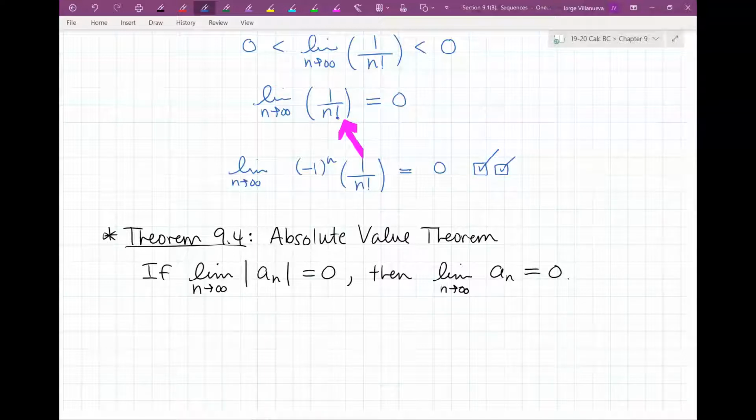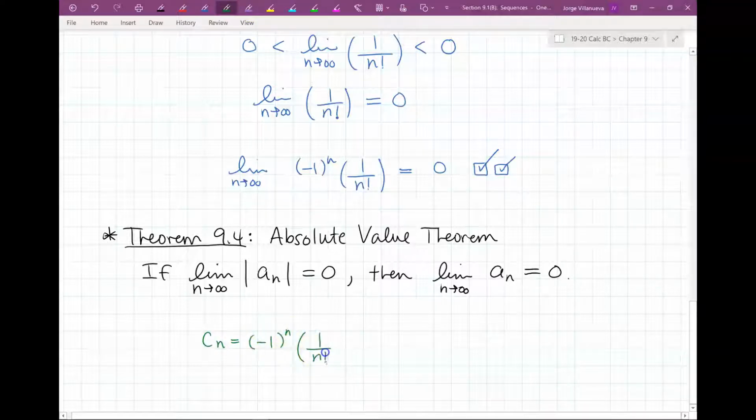So the absolute value of c sub n was equal to 0. Therefore, according to the absolute value theorem, the actual sequence must also be 0. And that's what we found. The absolute value of c sub n would be 1 over n factorial, because the plus or minus doesn't matter. And that's what we found here.